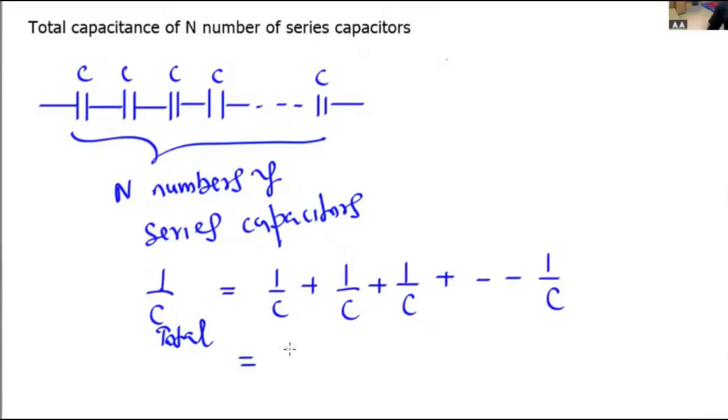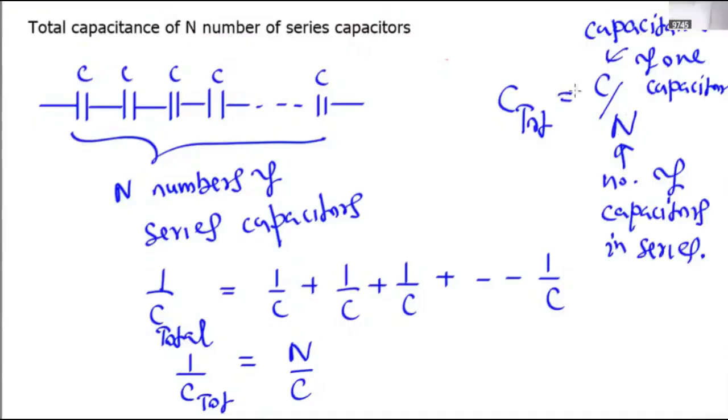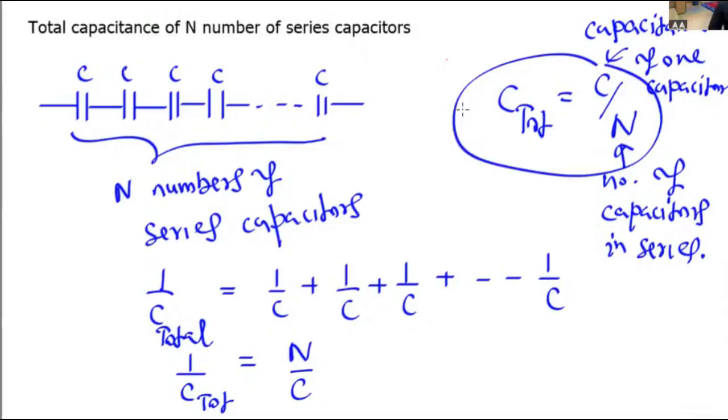Then we can multiply 1 over C by n, so 1 over C total equals n over C. Then C total equals C over n. C means the capacitance of one capacitor, n means the number of capacitors. This equation is very important when there are identical capacitors in series. Total එක හොයාගන්න මේක වැදගත්. හරි. අර series විදියට identical capacitance තිබ්බොත්.